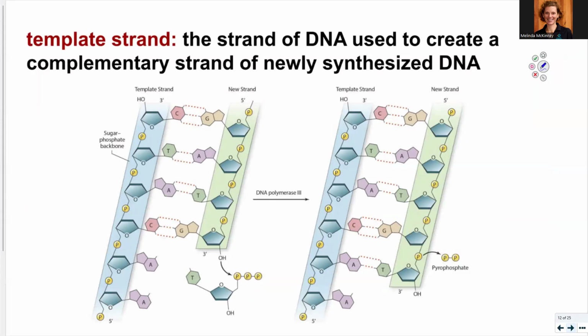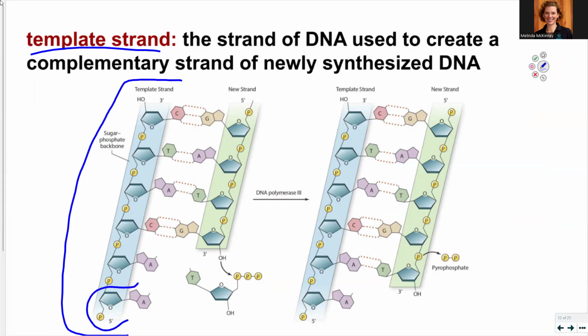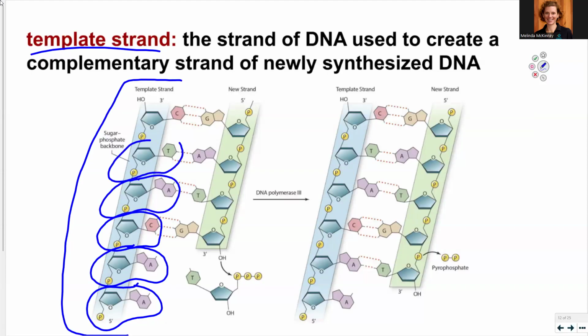Here's just showing this template strand in a diagram from your book. So our template strand over here, sugar phosphate backbone. Again, each of these is a nucleotide monomer that is connected to the next. Repeating units. Some of them are A's, some of them are T's, some of them are G's, some of them are C's, but they're all nucleotides.